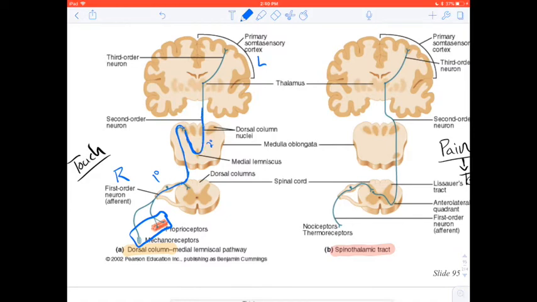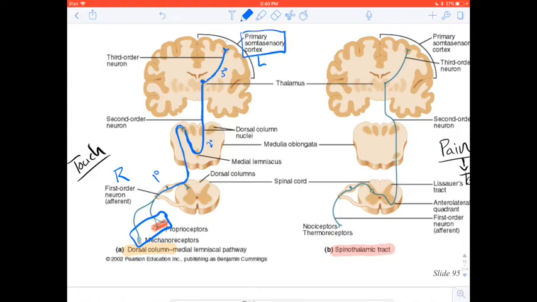And then, remember we just said that the third order neuron always begins in the thalamus and ends in the somatosensory cortex. So the second order ends in the thalamus, which is where our third order begins. And that third order goes up to the somatosensory cortex. And that's how we feel touch.